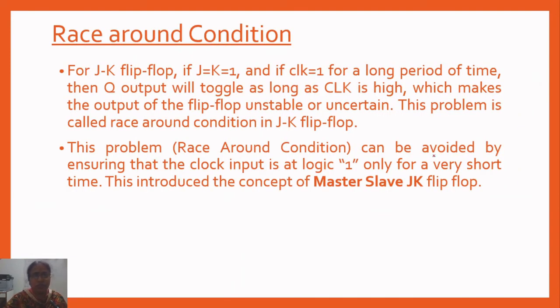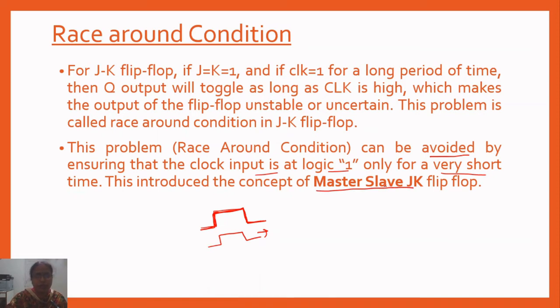It can be avoided by using a clock input that is at logic 1 for a very short period of time, so the clock pulse high time, if it is level triggered, should be less than the propagation delay of the gates. Another method is to use a master slave JK flip-flop.